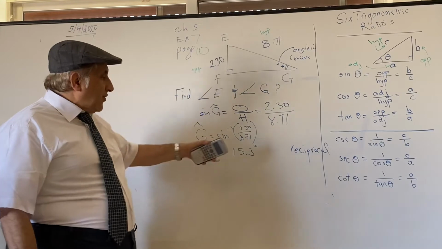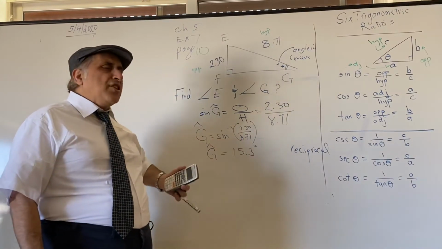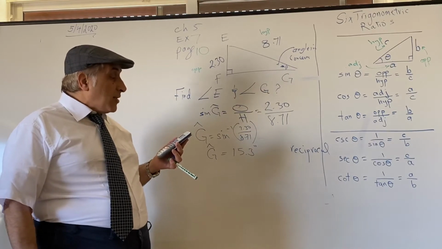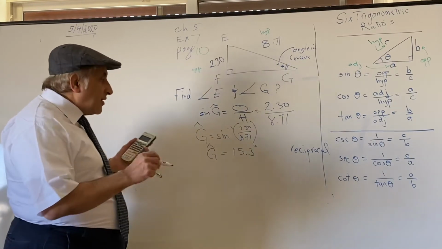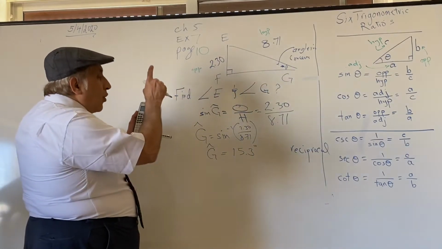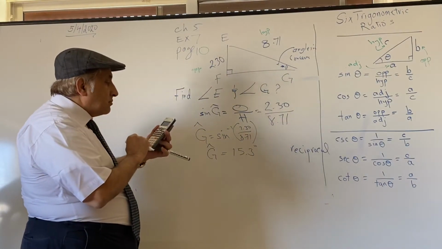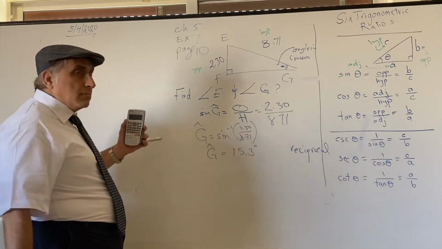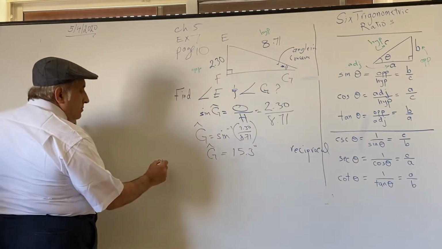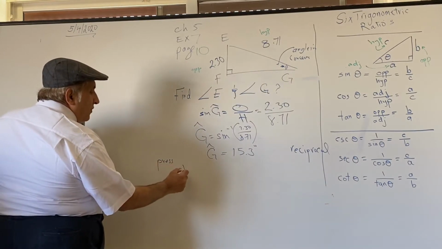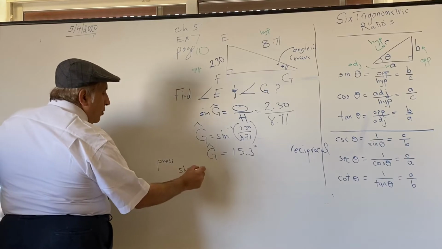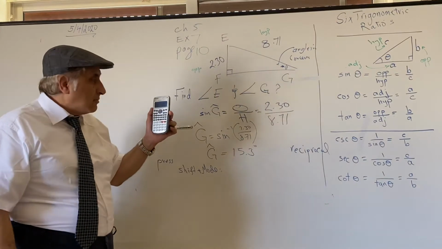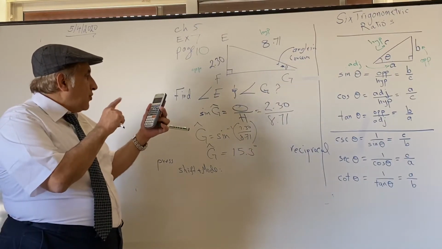By the way, this answer is in degrees. How can I change into radians? That's a good idea. There's a button on the top called mode. I'm going to press shift mode. Oops, you have 8 selections. 1, 2, 3, 4.